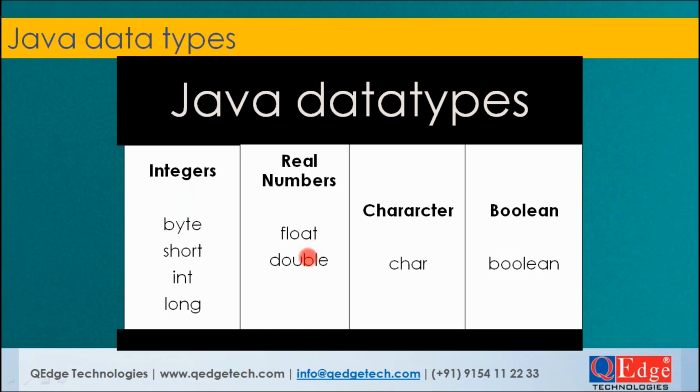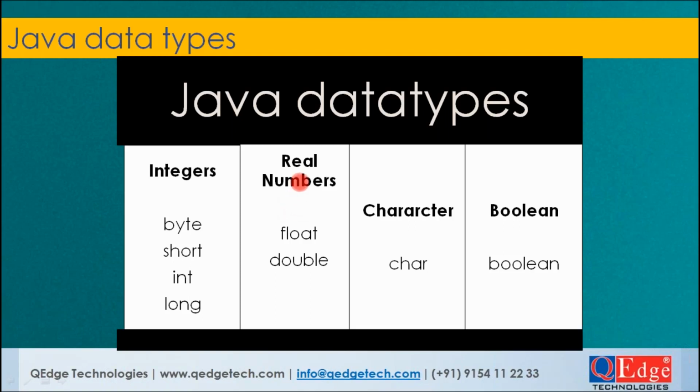Float and double belong to real numbers. So what is the major difference between integers and real numbers? Integers will not accept decimals. No point values. 0.50, 0.123 we cannot store. Real numbers will have both an integer portion and also a decimal portion, fraction portion. 1.25, 50.50.